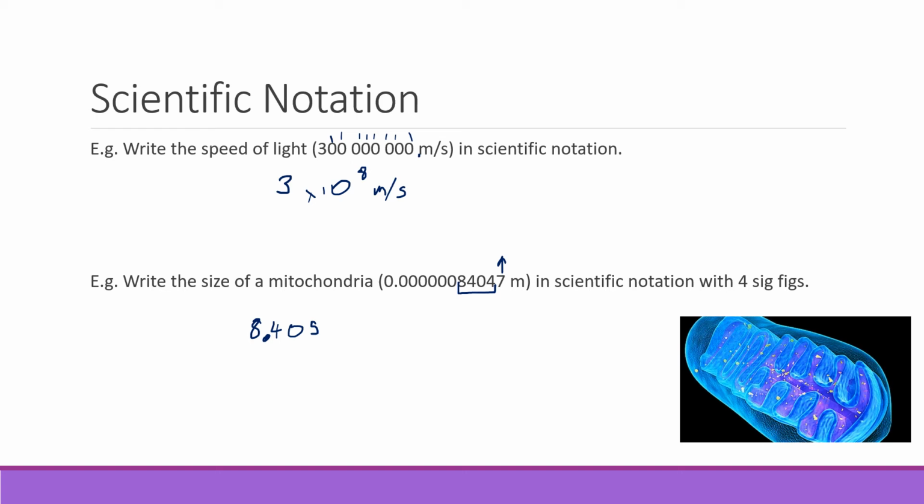All right, and now we need to work out our power of 10. Now this time the digits are going to the left. So remember, if you think of your number line, left is negative, so we're going to have a negative power. And again, we're going to count the number of digits from the first digit to the decimal point.